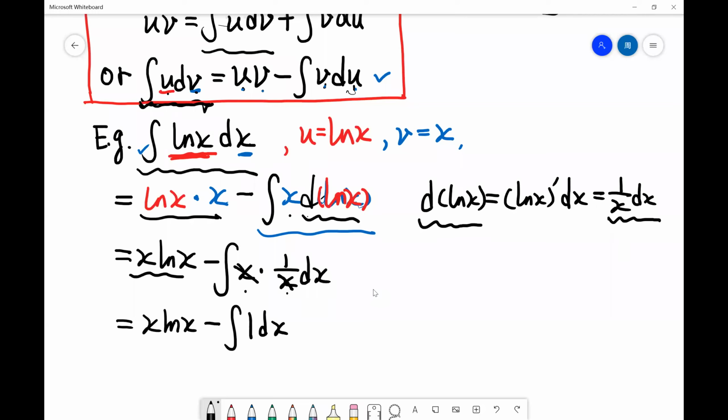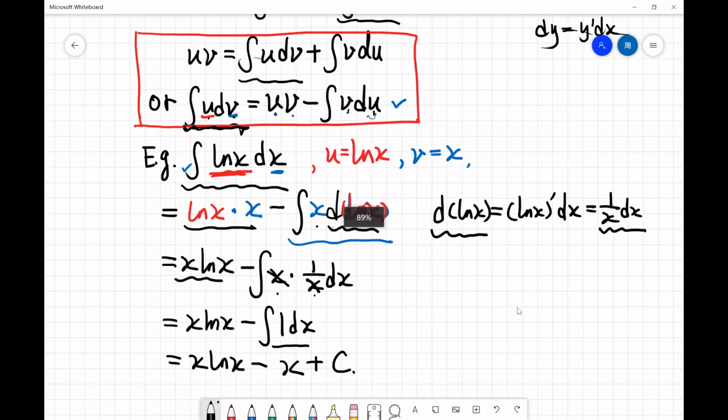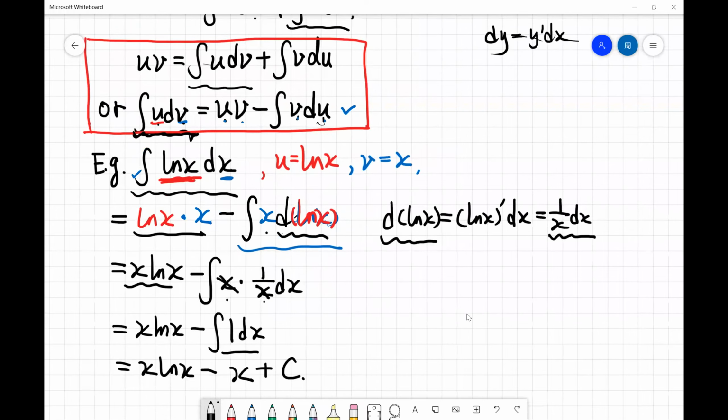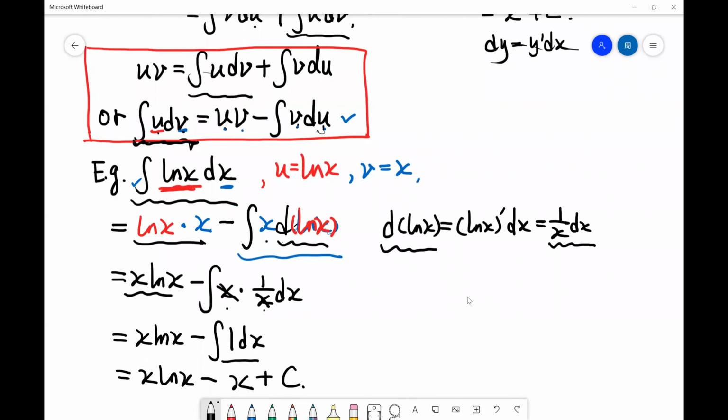So the final result should be x times ln x minus x, then plus C. So here is the solution, the first example for using the formulas for integration by parts. So any questions, any doubt, you can ask me now. Do you have any questions? Okay.